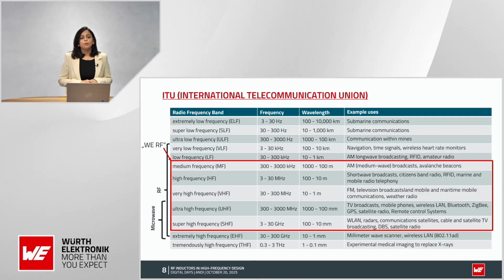Now, when we talk about RF frequencies, which frequency range are we exactly talking about? According to the International Telecommunication Union, the frequency range starting from 3 kHz and going up to 300 GHz is considered as RF. When I say 300 GHz, I'm talking about a wavelength of 1 millimeter.